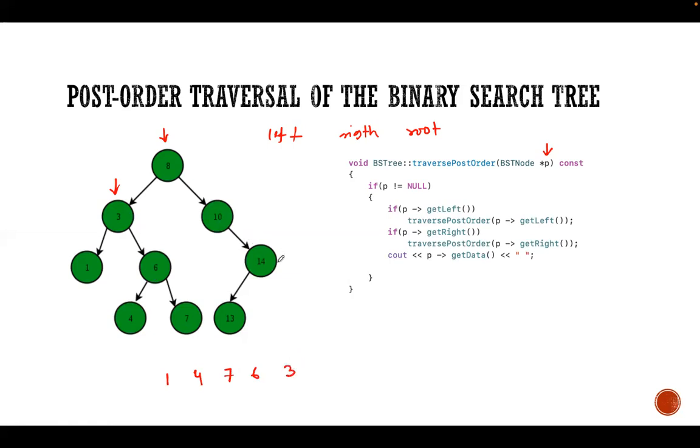Then go to the right. Here we don't have any left, so we're going to go to the right. Here we're going to print 13, no right, root 14. Then root 10, and then finally this root 8.